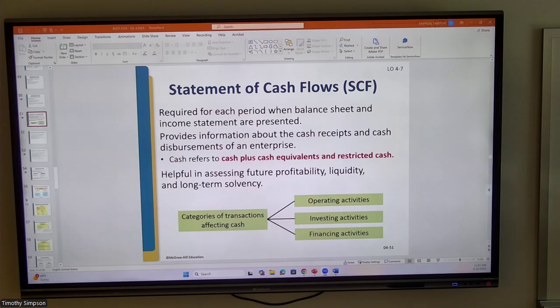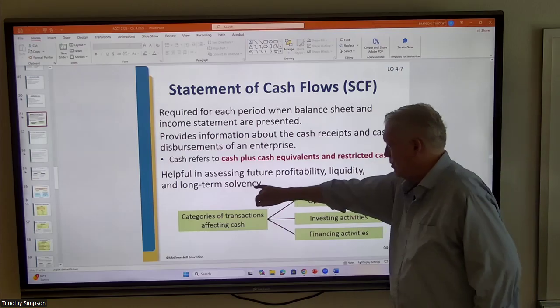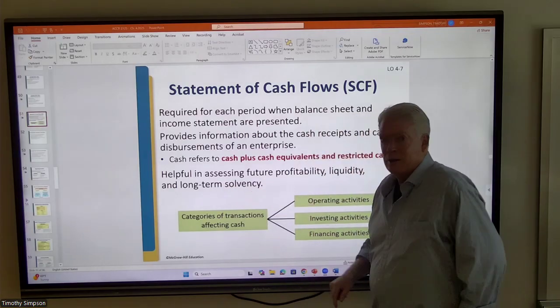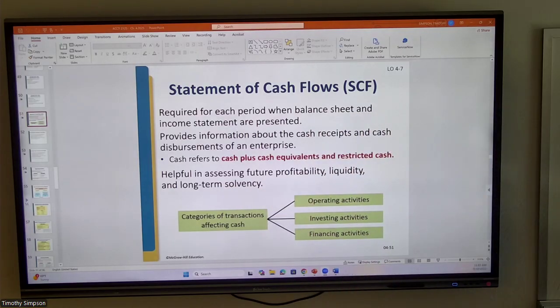However, in the statement of cash flow, we're also talking about solvency, which is a longer-term issue: can I generate enough cash to cover debt and to satisfy the obligations or expectations of shareholders over a very long time period? So it's really both. It's not just liquidity, it's also solvency. We talked about this when we discussed financial ratios.